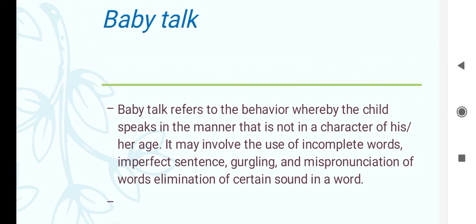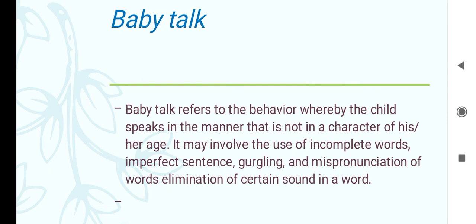So basically, those who do this talk like a baby, talk in incomplete sentences, gurgling, mispronouncing. Normally babies do this because they are still in the stage of early childhood or infancy.